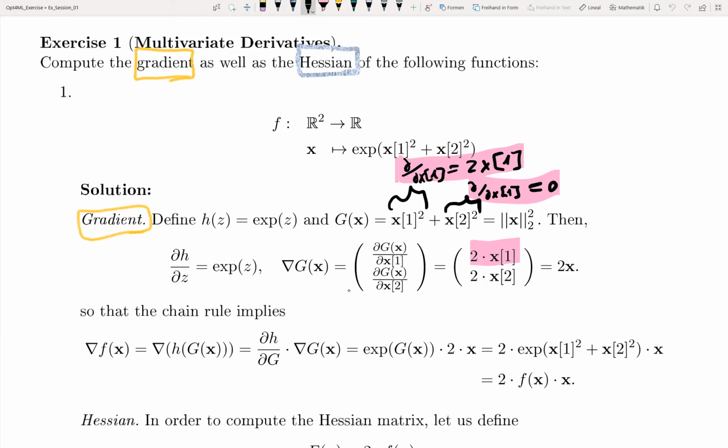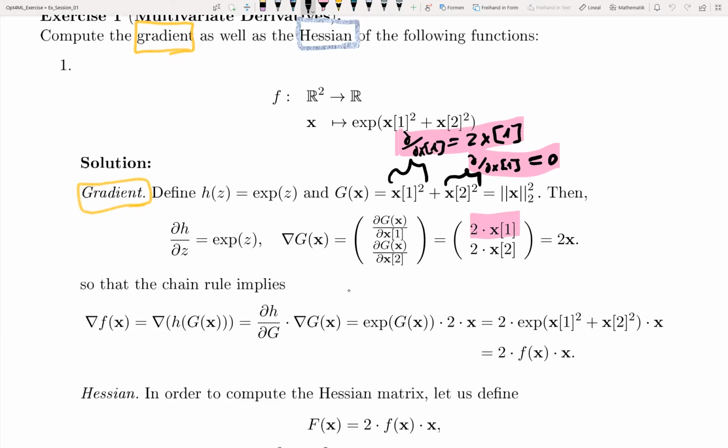Okay. Now everything together for the chain rule. We want the gradient of the function f. We express the function f as the composition of h and g, first applying g and then applying h, because this is exactly what the function f is doing.